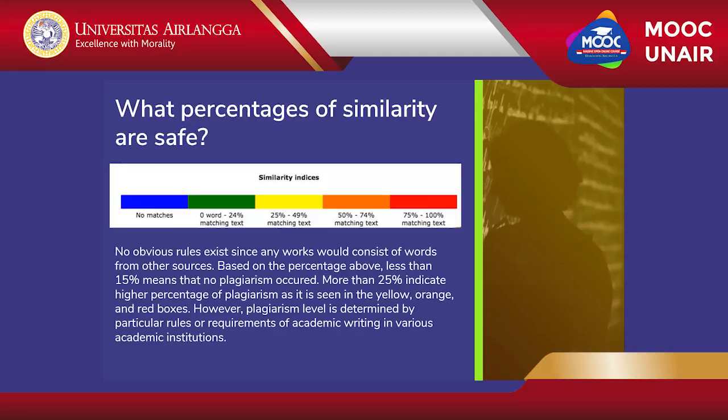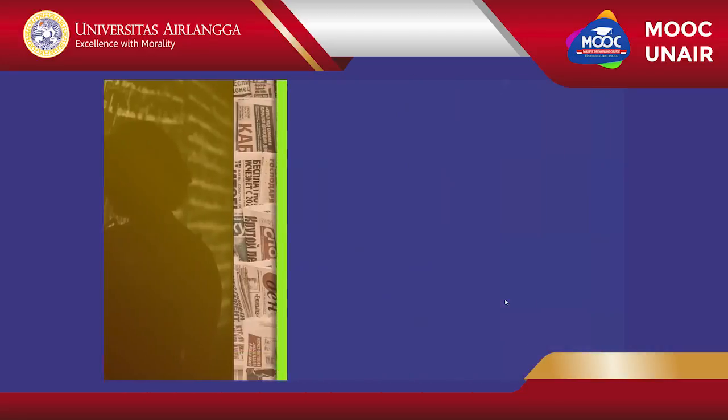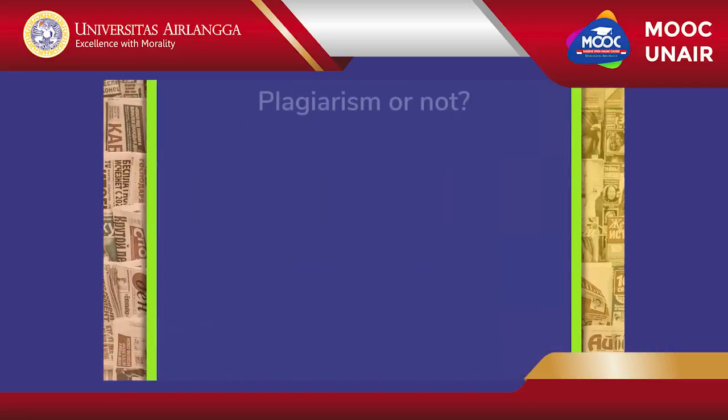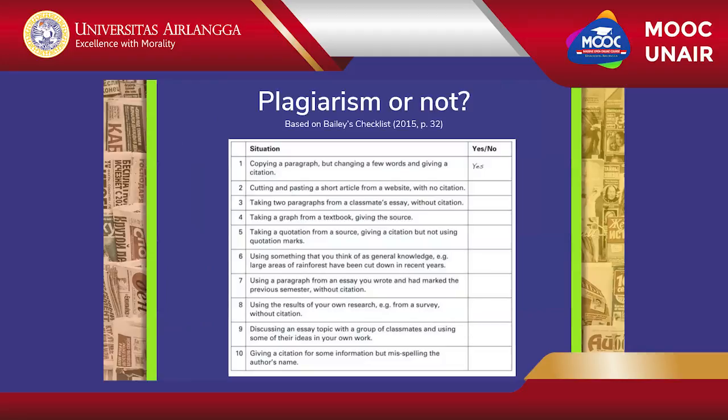Here is an example of a possible framework. Aside from similarity tests, we can try to identify plagiarism by using parameters such as Bailey's checklist. This checklist will help you avoid accidental plagiarism and spot plagiarism in other works as well.